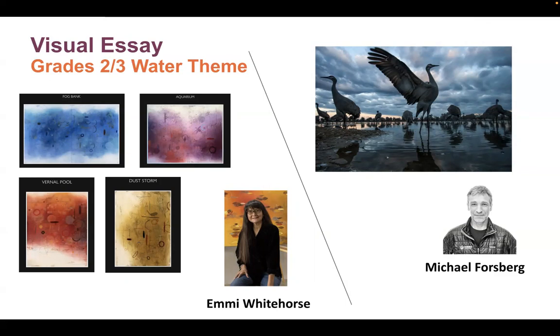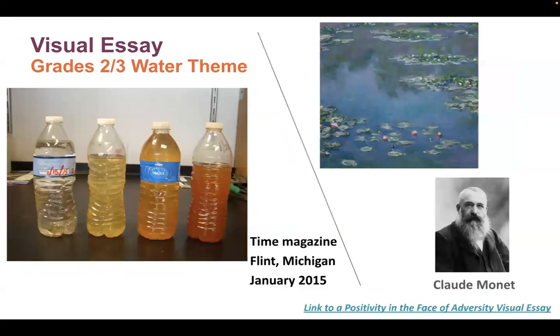We try to use local artists. For example, Michael Forsberg is a famous nature photographer in Nebraska. But then we also make sure that we have diverse artists like Emmi Whitehorse. And we don't forget some of those canon artists as well, so Claude Monet was included. But then also, we don't have to just look at art. We can look at contemporary things that are going on in our world.